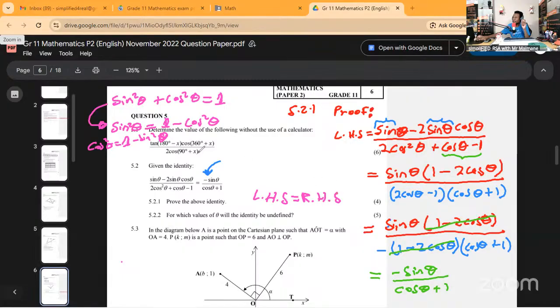The most important part is, this statement has a mark. You do get a mark for saying this, because the question was prove to us.